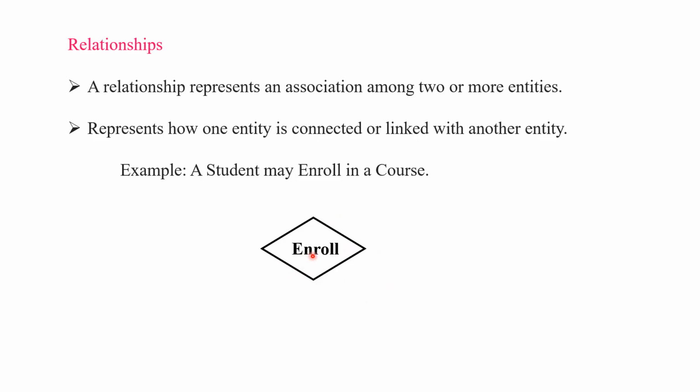Here we write what kind of relationship exists between the two entities. So in simple terms, these are the three main components of the ER diagram. Again, we have different types of entities, attributes and relationships, about which we will discuss in our next PPT.